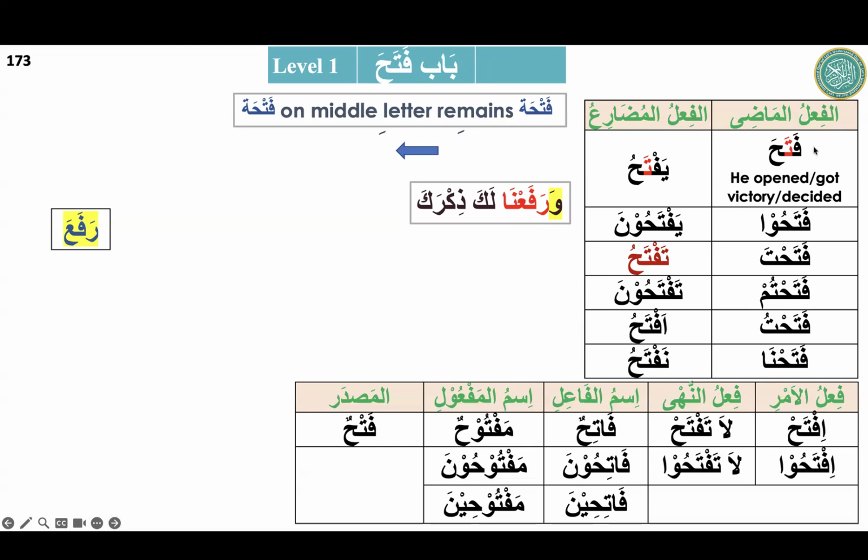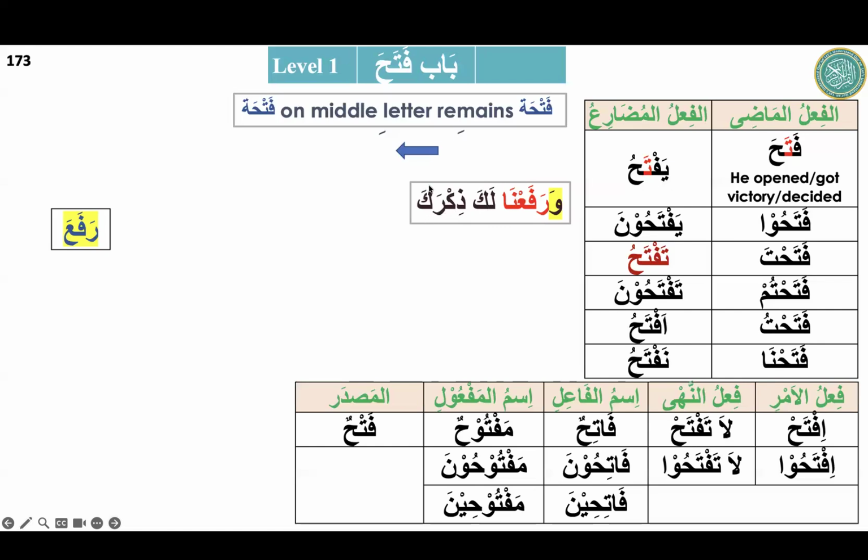So Rafa'a, he raised. If I read this fi'l al-madi: Rafa'a, Rafa'u, Rafa'ata, Rafa'atum, Rafa'atu, Rafa'na. So this is the last one. That is actually the first person, but plural: we raised. La means for, ka means you, for you.